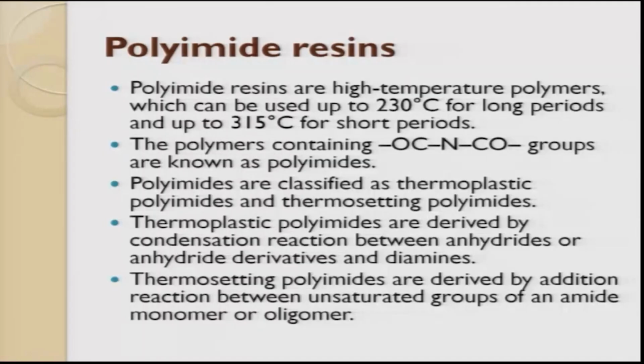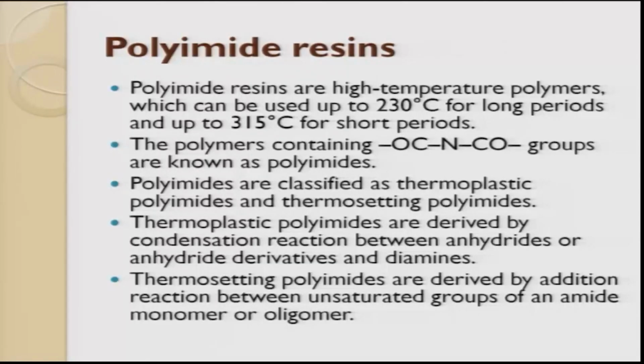The polymer contains the OC N/OC group, which are polyimides. Imides are classified as thermoplastic polyimides and thermosetting polyimides. The thermoplastic polyimides are derived from condensation reaction between an anhydride or an anhydride derivative and diamines.